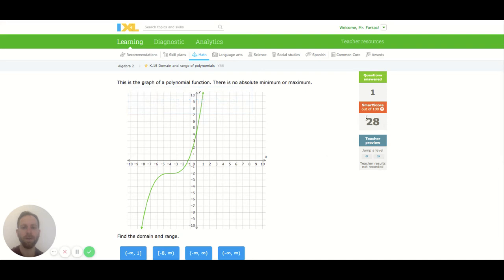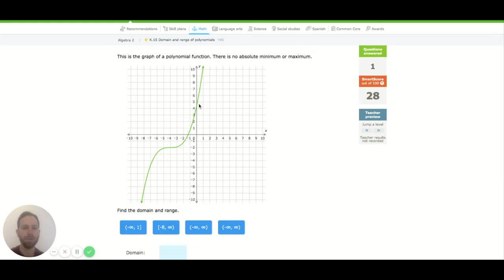All right, once you get a little bit higher into the SmartScores, it might get a little bit more difficult. So our domain, that's our x values. We're seeing how far left and how far right does it go. Now, it looks like it only goes till the negative 8.5, but if you'll notice, it's still going left. It's going down, but also left. So we have to assume that it continues on forever to the left. So that's negative infinity.